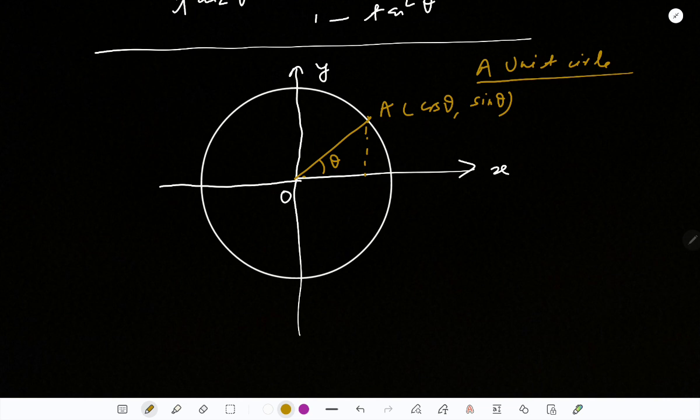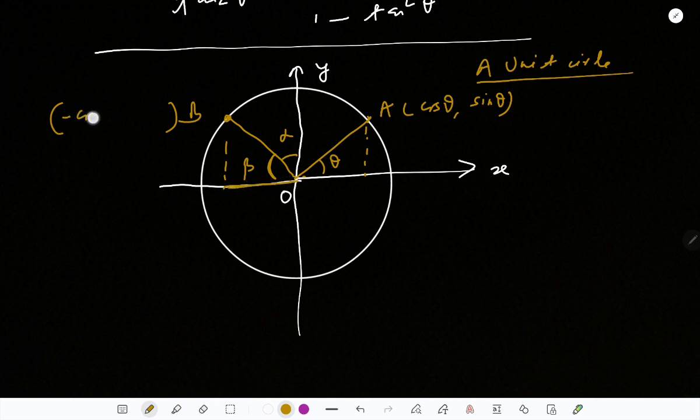And now if you take a point B here in the second quadrant and make this angle alpha and make this angle beta, then from the point of view of beta, this point B will have coordinates like its x coordinate will be obviously negative, but this length will be simply cos beta.